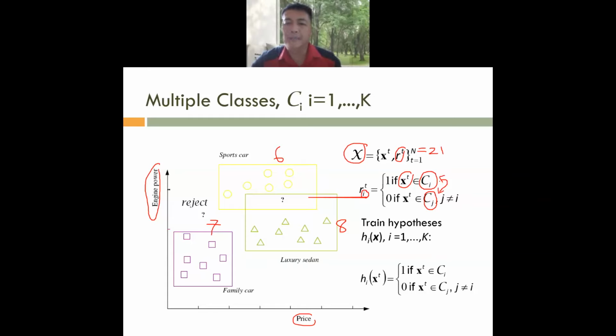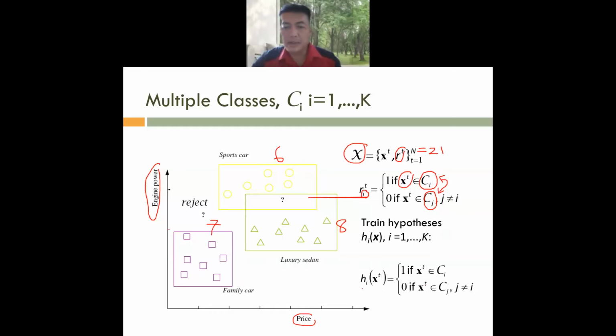For the trained hypothesis, we also have a few classes here: hypothesis for 1 up to k.